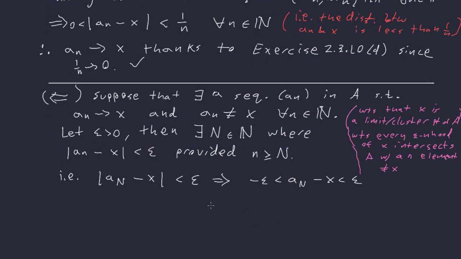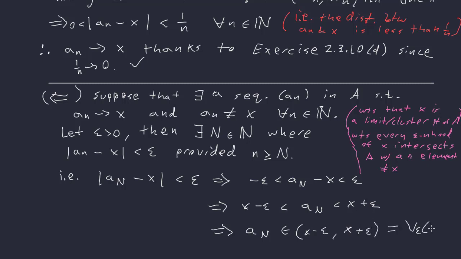This tells us that x minus epsilon is strictly less than a sub capital N, which is less than x plus epsilon, which tells us that a sub capital N is in the open interval x minus epsilon to x plus epsilon, which is, of course, the epsilon neighborhood around x.